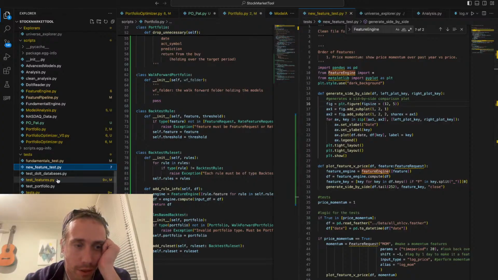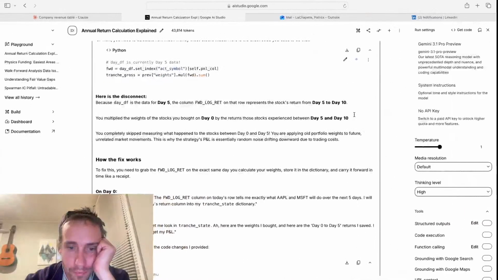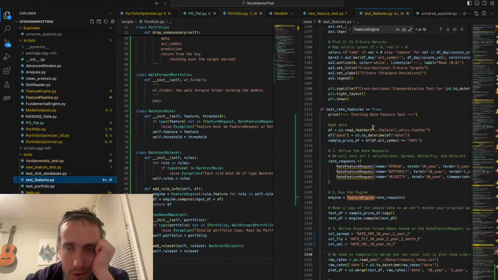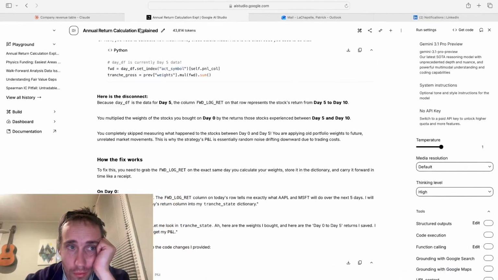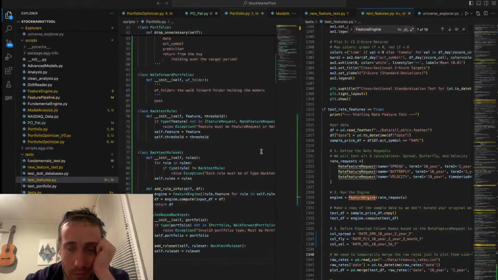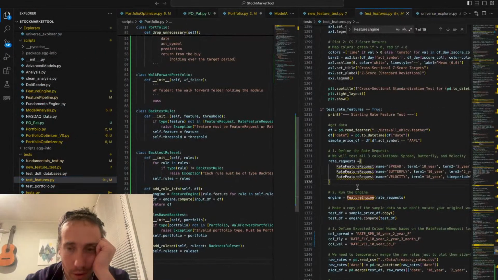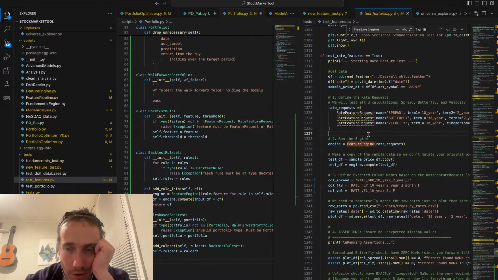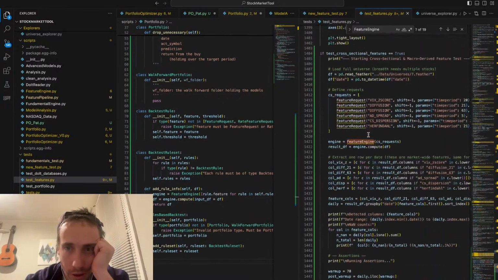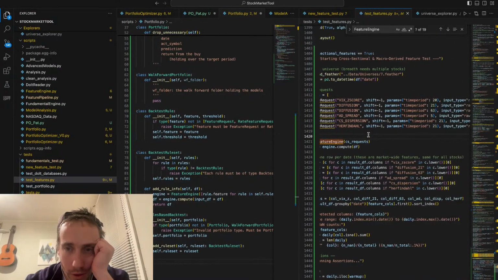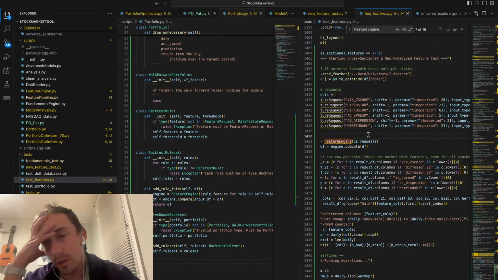Oh yeah, test features, rate features. Oh no, not rate features. Cross-sectional features. So this should be interesting.